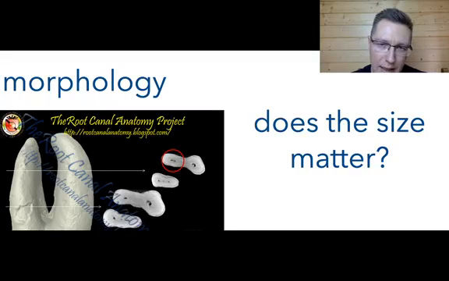So if you are shaping the MB2, I believe that we shouldn't use such large tapers and files as we can use, for example, in the palatal canal or even MB1, because we are not able to say that the MB2 is the worst canal in any meaning, but definitely the root is thinner.